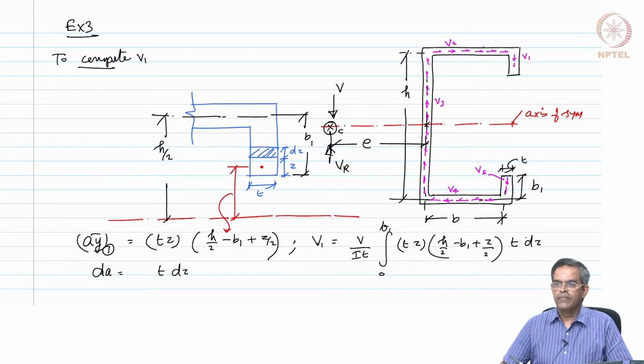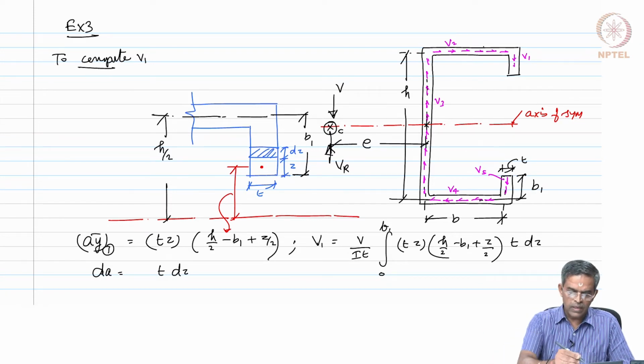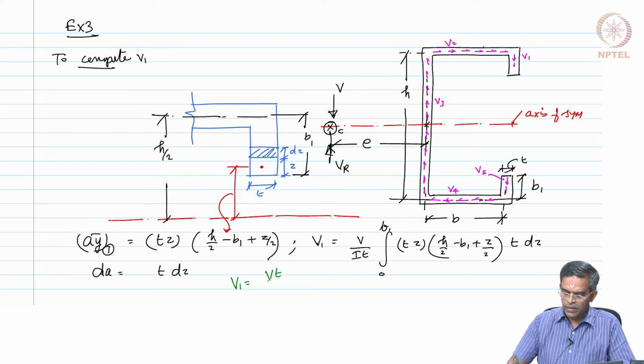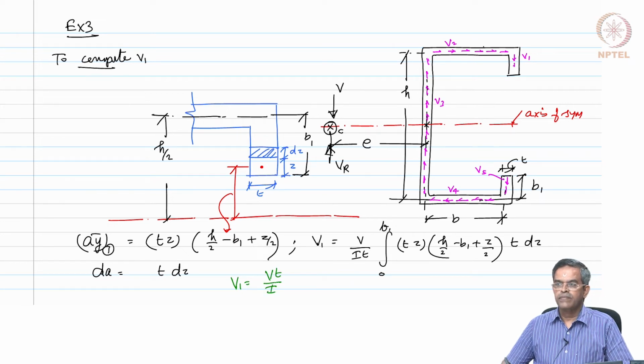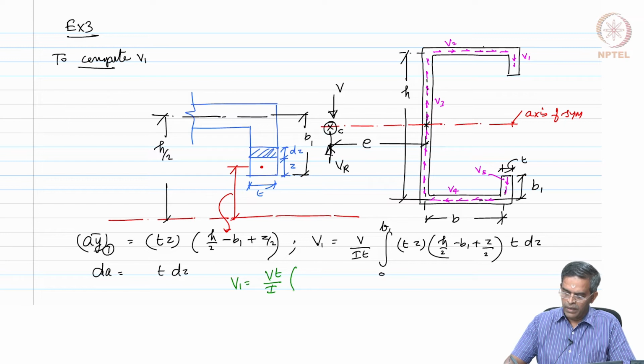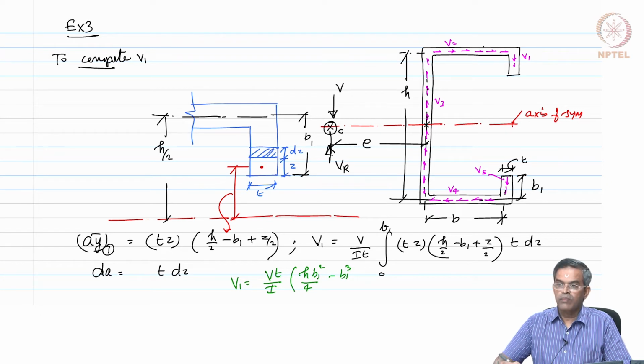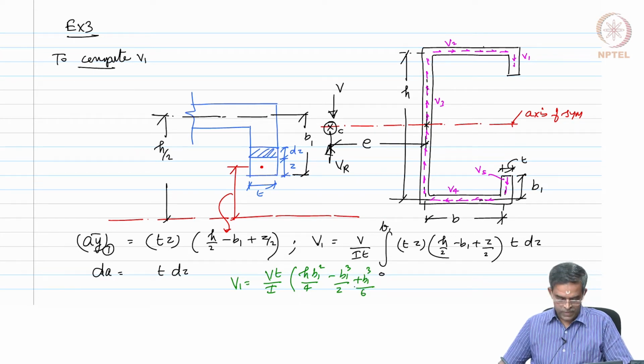Now I can do this integration and get V1 as V t by I, h B1 square by 4 minus B1 cube by 2 plus B1 cube by 6.